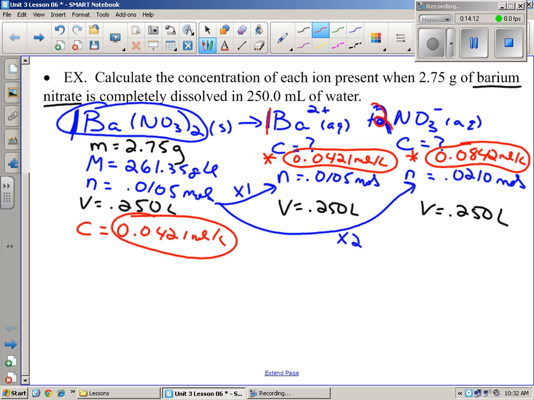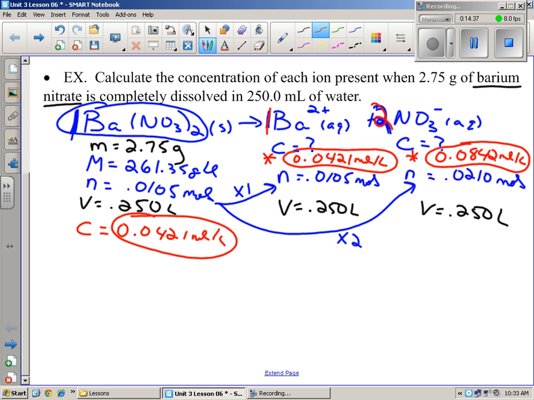How would I find that? Well, look, n and V, right? C equals n over V. So 0.0421, 0.0421, 0.0842. You'd end up with twice the concentration for nitrates as you would for the barium. Why is that? Because you have twice the amount, right? Look at what doesn't change. 250, 250, 250.